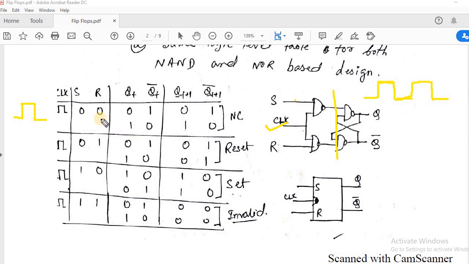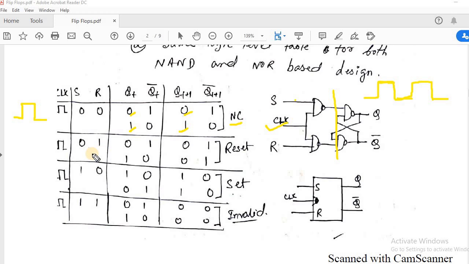If S and R are 0 and we consider that the present state Qt is 0, then the next state will be 0, and if the present state is 1, the next state will also be 1. So that means there is no change of the output state. That is why this is called the no change condition. You can derive it, we already discussed how to figure this out.